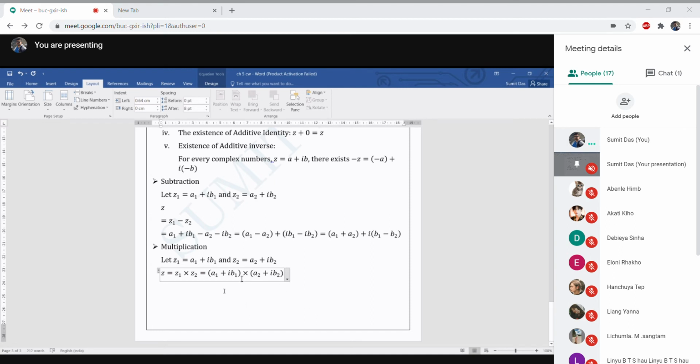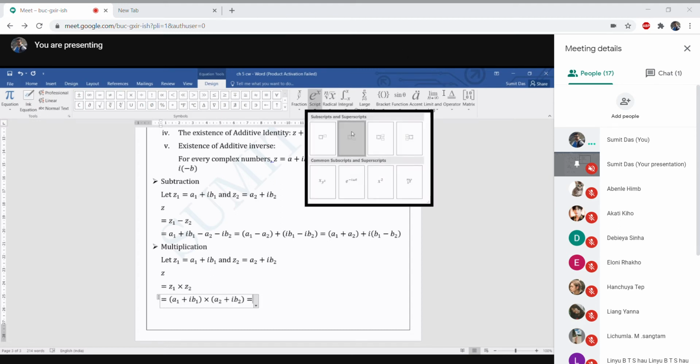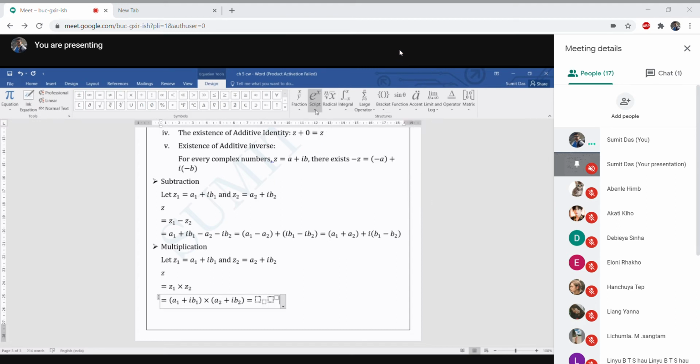So now we have to multiply, like class 9 multiplication. Okay, what to do? First a1 multiplied with a2, so it will be a1 a2.